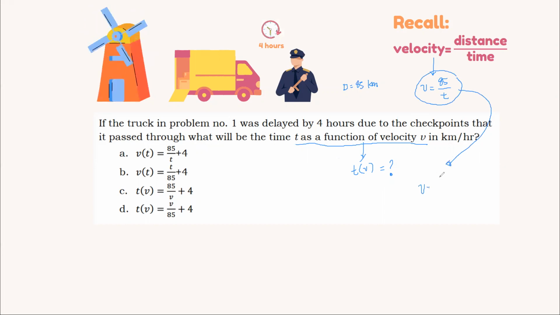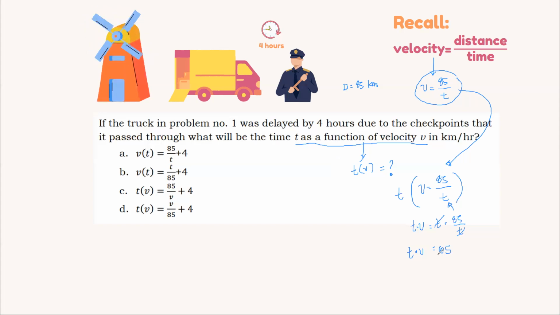So, v equals 85 over t. We need to isolate this variable on the left side. So what do we do with that? We are going to multiply both sides of the equation by t. So that would be t times v is equal to t times 85 over t. So t divided by t cancels out, and we have t times v equals 85.